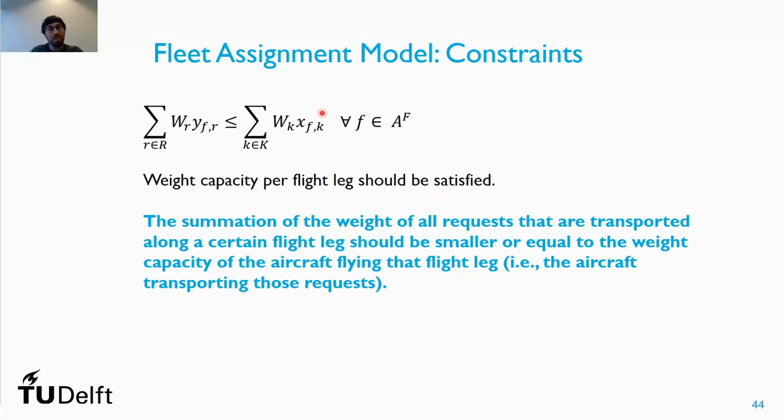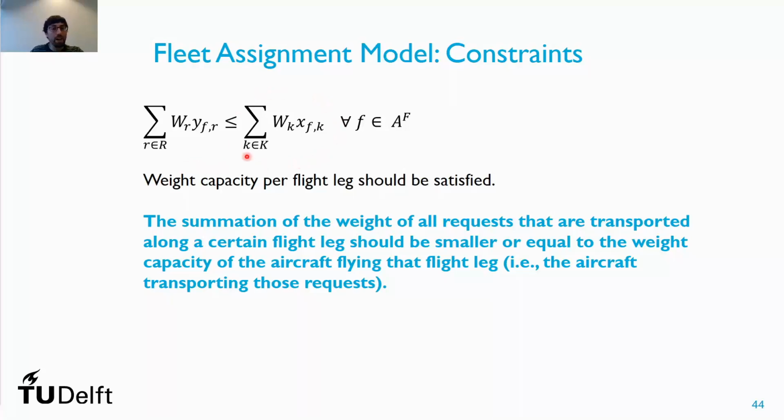And it's easy to see that if a flight arc is not served by any aircraft type, all the XFK for that flight arc will be 0, which means that we cannot carry any request at all along that flight arc.